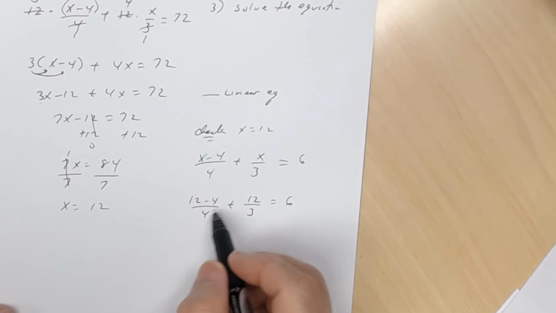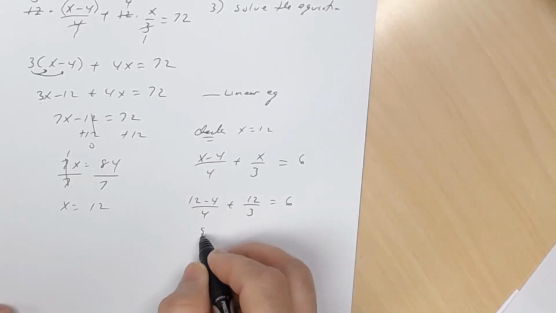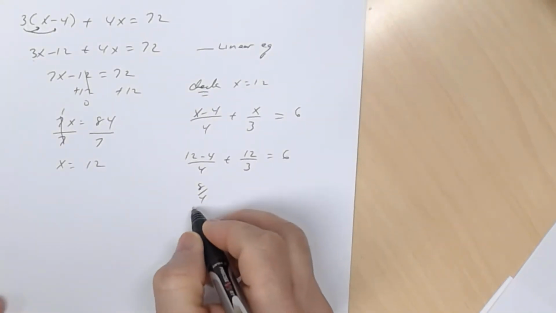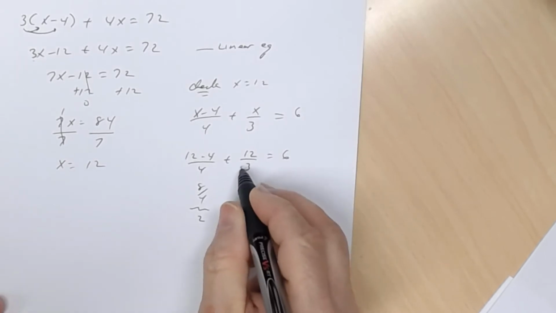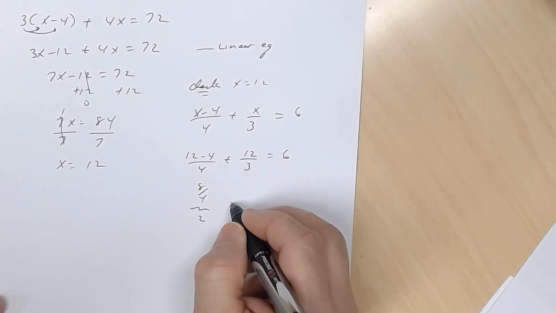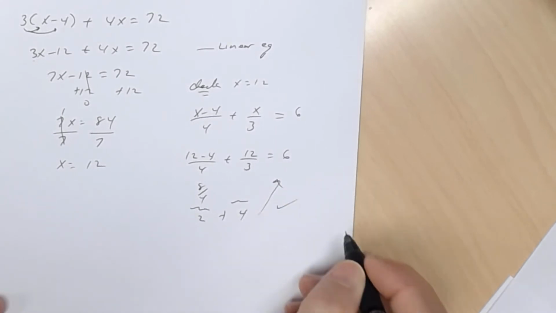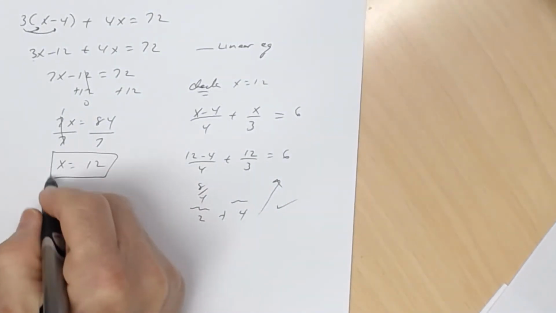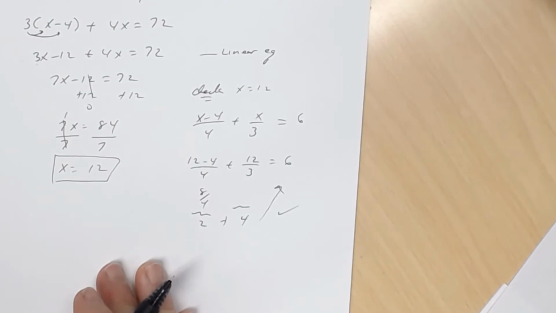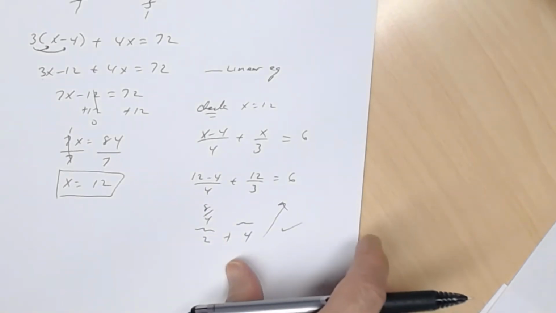Well, 12 minus 4 is 8, so I get 8 divided by 4. And what's 8 divided by 4? Well, that's 2. 12 divided by 3 is what? Well, that's 4. And is 2 plus 4 equal to 6? Yep. So x equals 12 is a solution.